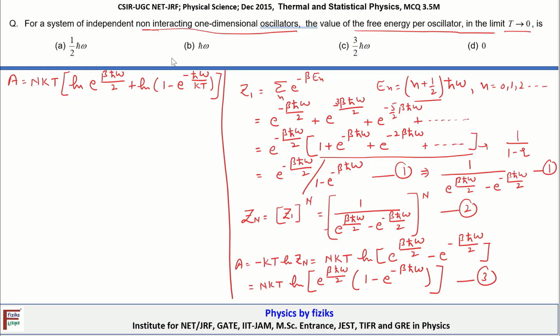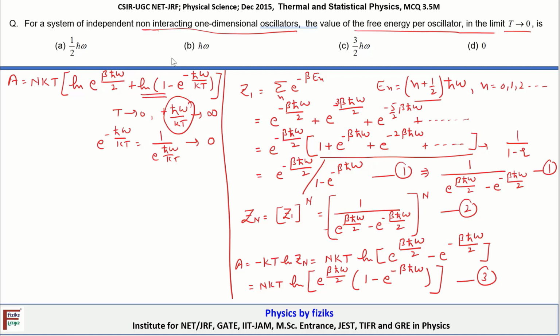Now when T goes to 0, minus h cut omega by kT approaches a very large value. Under this condition, exponential minus h cut omega by kT is equal to 1 upon exponential h cut omega by kT. Because this quantity is very large, the exponential is going to be very large, so that means this will approach 0. So here in the second term we will be left with ultimately, under this approximation, ln 1.